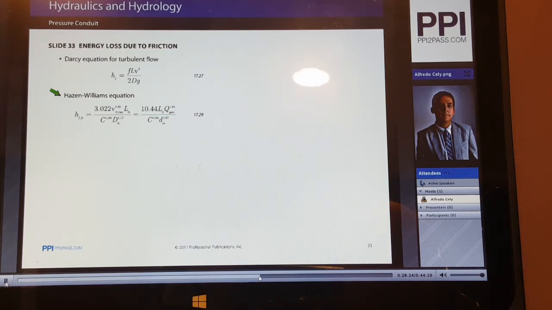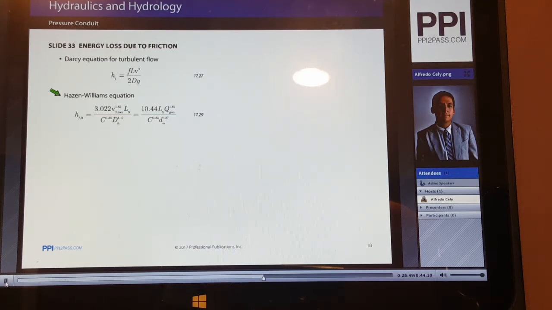The Hazen-Williams equation is a good approximation for fluids that have a very low viscosity, such as watery fluids. For water resources, the Hazen-Williams equation is typically used preferably over the Darcy-Weisbach equation, because in water resources, we use fluids that are very close to water or are simply water.